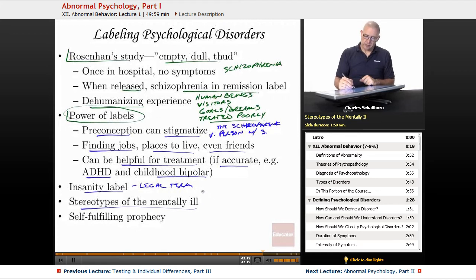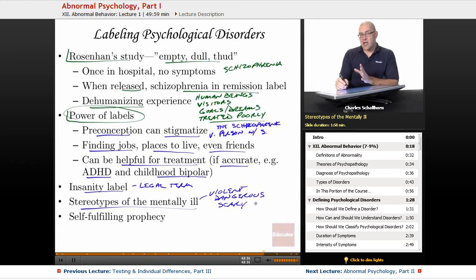Stereotypes of the mentally ill. They're violent. They're dangerous. They're scary. And that's the case because of the media coverage. We get the people who have a mental illness of some sort, the extreme people who act out in a violent way, and they're the ones who get the attention.